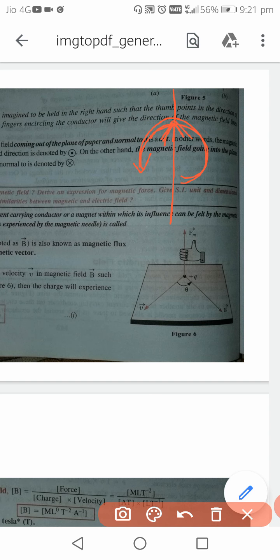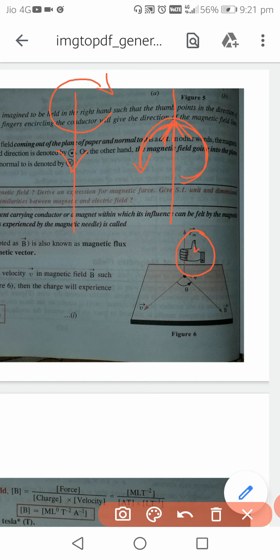Again, suppose this is a conducting wire, and current is flowing in the downward direction. If you are asked to find the direction of magnetic field, you will keep the right hand in such a way that the thumb represents the direction of current. So the thumb this time should be in the downward direction, and the curl of your fingers will be this side.